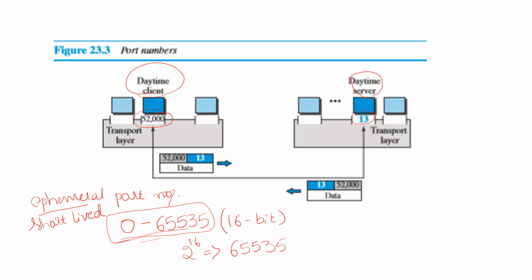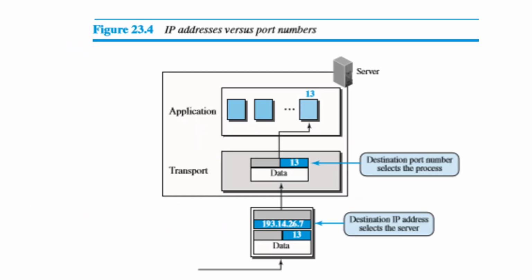The port numbers play different roles in selecting the final destination of the data. The destination IP address defines the host, and one of the processes we are talking about is represented using the port number. When we talk about the IP address and the port number, we can differentiate them better.